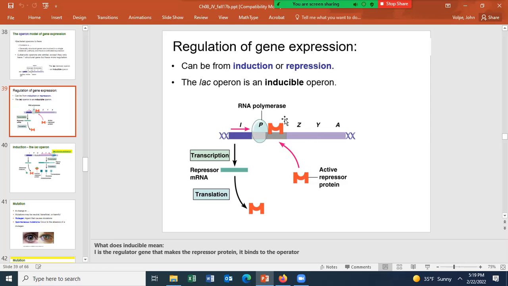And yes, it could bind to the lac operon promoter and then get blocked by the operator again because of the repressor protein.